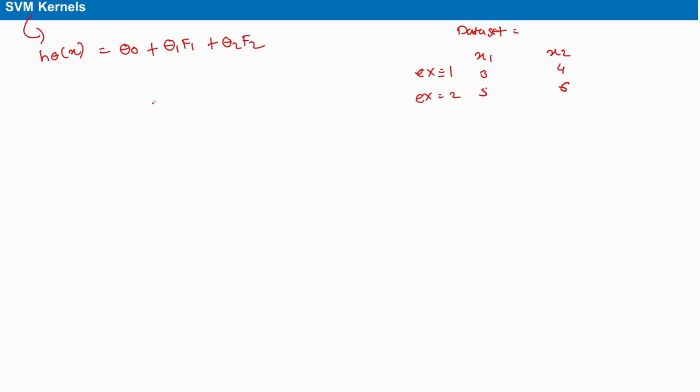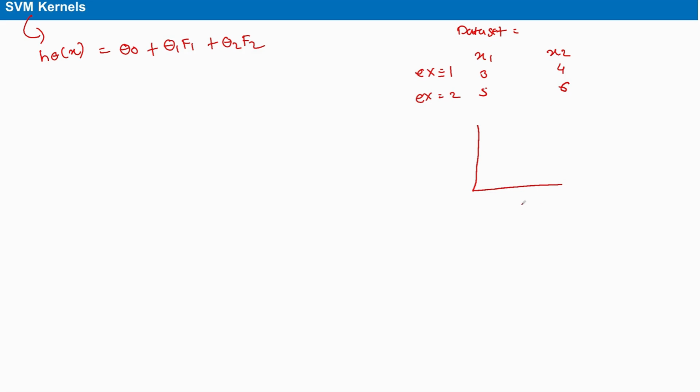The first step inside the SVM kernels, with respect to each example, is that it will select the landmarks. If you plot these features into 2D space, and I'm taking 2D space because we have only two features. If you have three features, it will take 3D space. For simplicity, I'm taking two features, since it is easy to show. So these features will be plotted into 2D space like this.